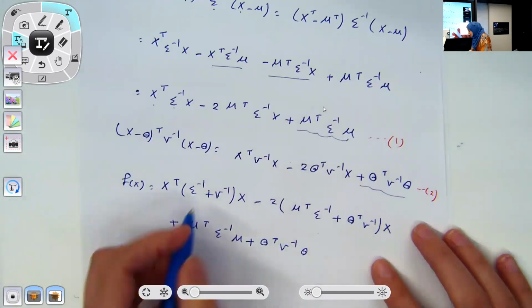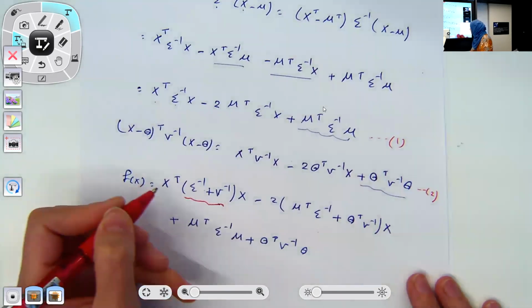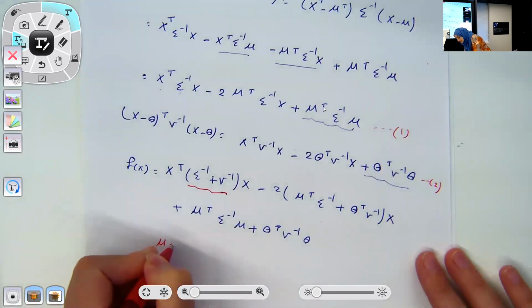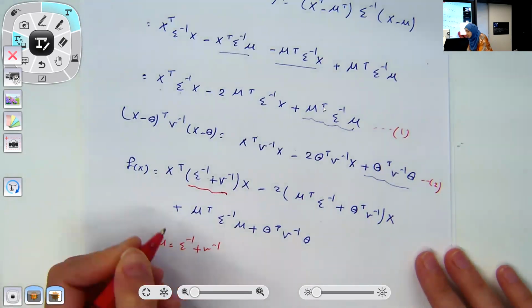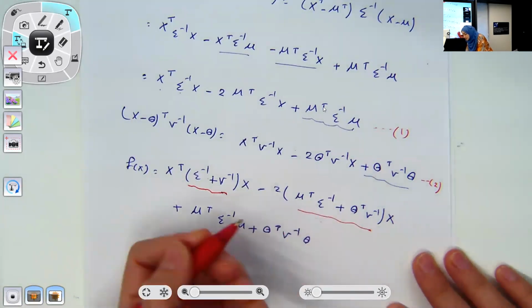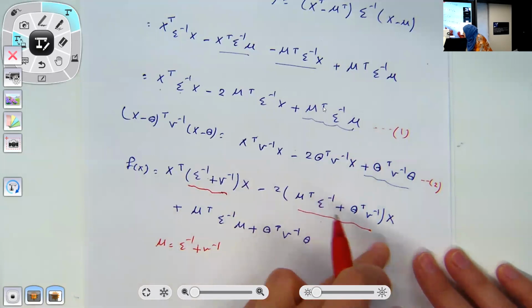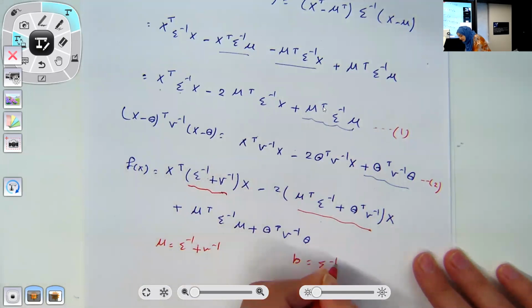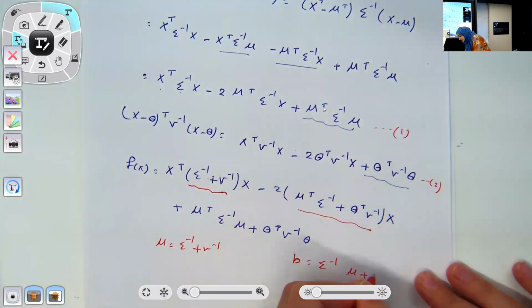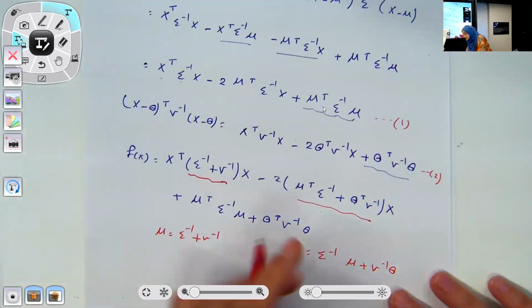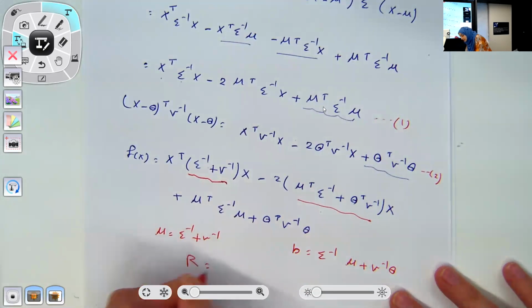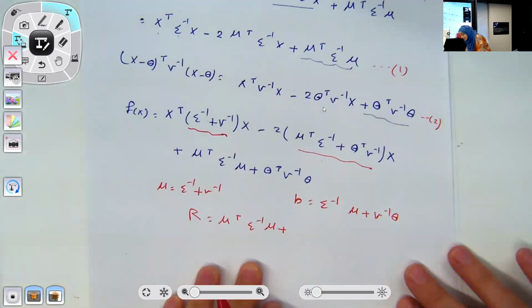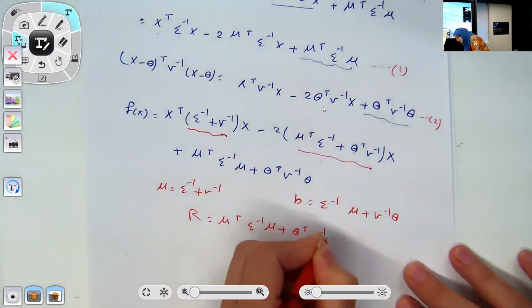Suppose that this is mu, we can write it as mu equals sigma inverse plus V inverse. We can write this as B transpose. So we need to take the transpose for both sides. We can write B here as sigma inverse mu plus V inverse theta, because we need to take the transpose for this part. And call it R, equal to mu transpose sigma inverse mu plus theta transpose V inverse theta.